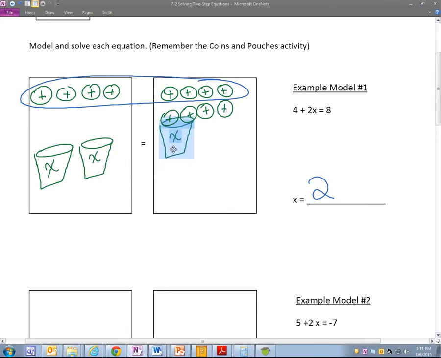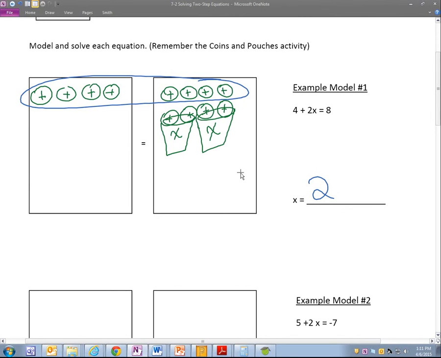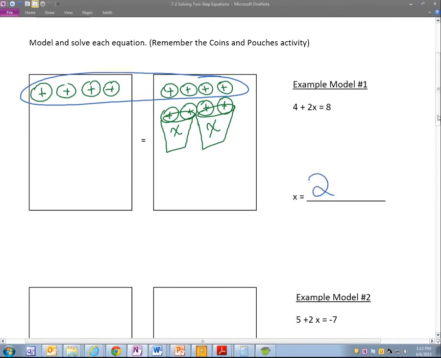So those 2 go into that bucket, and those 2 go into that bucket, and in each of the buckets there's 2 positive integers. Make sure you leave some room up here, because we're going to get back to that.